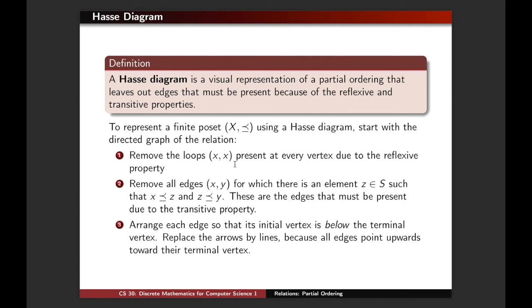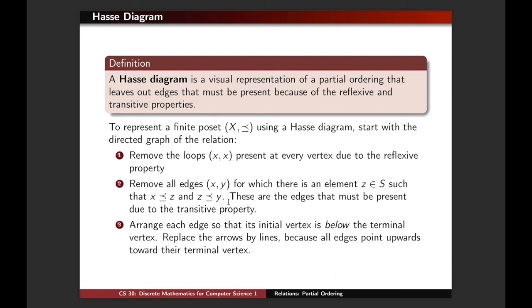These are arrows that originate and point to the same element. And these are present due to the reflexive property. We already know that partial order relations are reflexive, right? So these need not be represented visually. And so they are removed in a hash diagram.